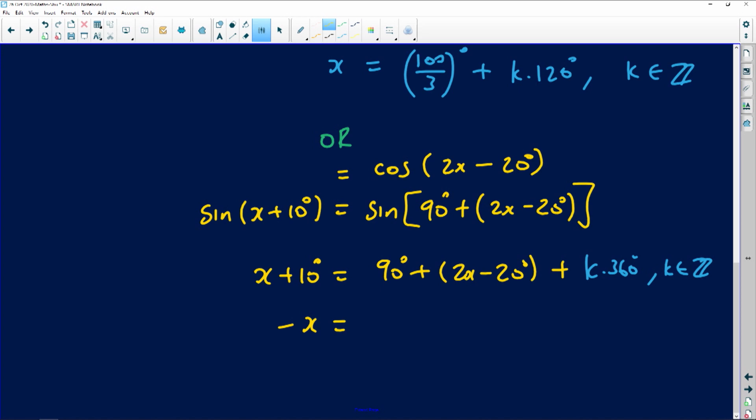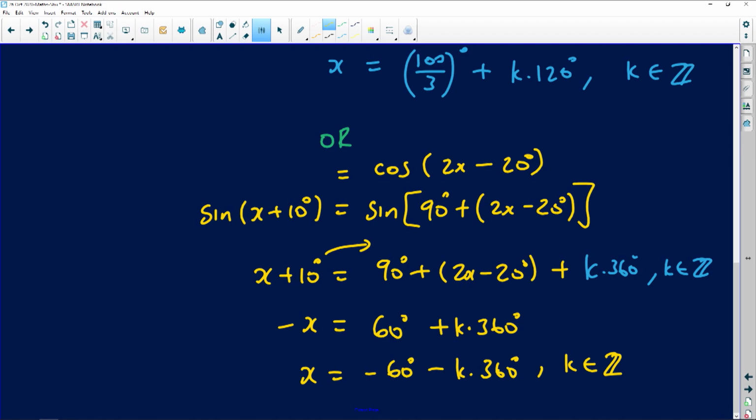You minus 10 again. It amounts straight to 60 degrees because this is going to be negative on the right-hand side. 90 minus 10 is 80, minus 20 gives you 60 degrees, plus k times 360 degrees. We don't like negative x, so x is going to be negative 60 minus k times 360 degrees, where k is an element of integers.